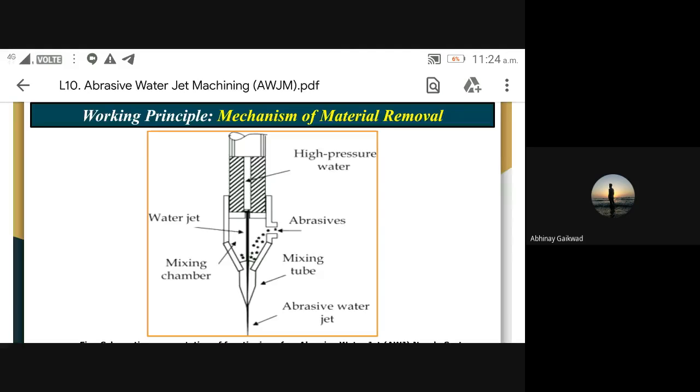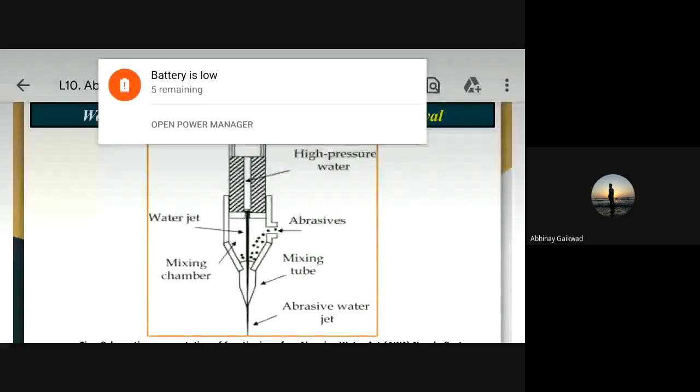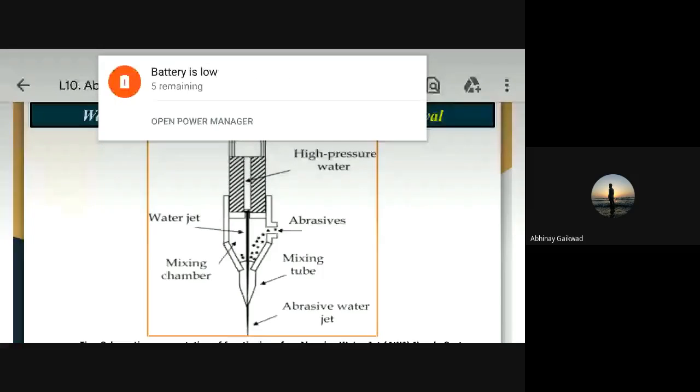Please draw this diagram. All of you, is my diagram visible? Yes, sir. Okay, please draw, because diagrams are very important for our exam.